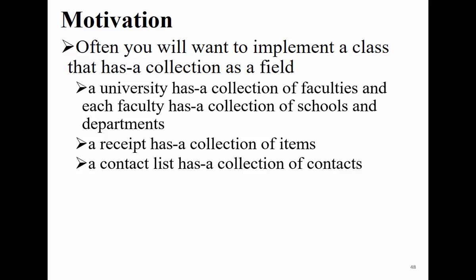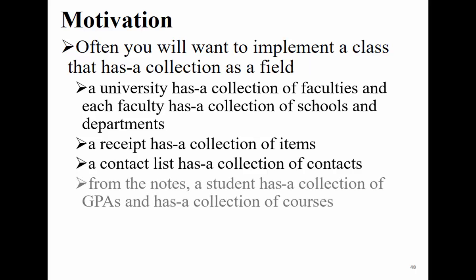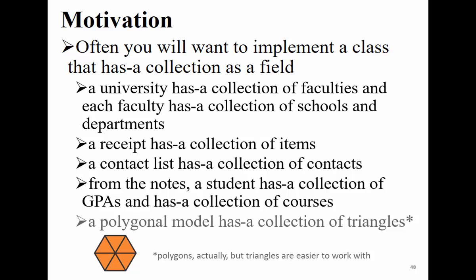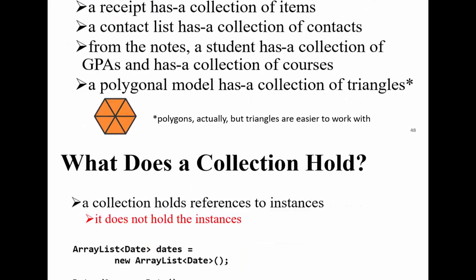A contact list has a collection of contacts. And a student has a collection of GPAs, one for each year. And a polygon is an example of a collection of what? Triangles. So a polygon is actually composed of a collection of triangles. We're going to take this example and carry it on in the next slide.